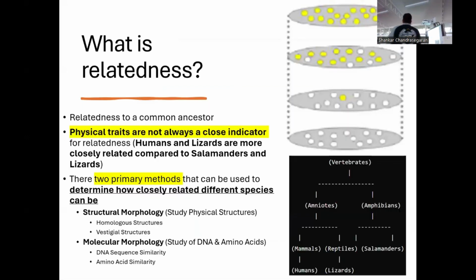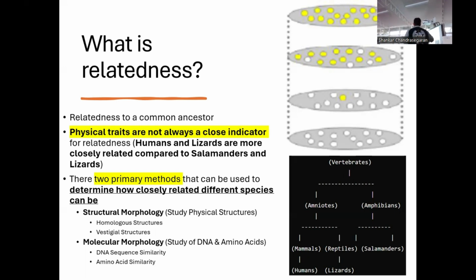So when we think about relatedness, what does that word actually mean? When we say relatedness or how they are related to each other, we're basically trying to link them back to that common ancestor that we would have shared together, right? Most people think that we can always determine that by looking at how closely different species resemble each other. That means they are closely related. But that isn't always going to be the case.